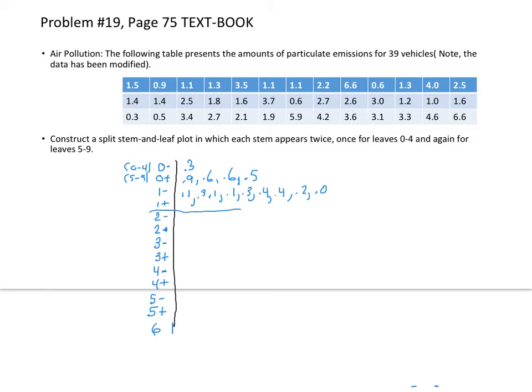And now we're kind of on this line. I know it's kind of hard to see. 0.5, 0.8, 0.6, 0.6, 0.9. And then for 2 it's 0.2, 0.1.